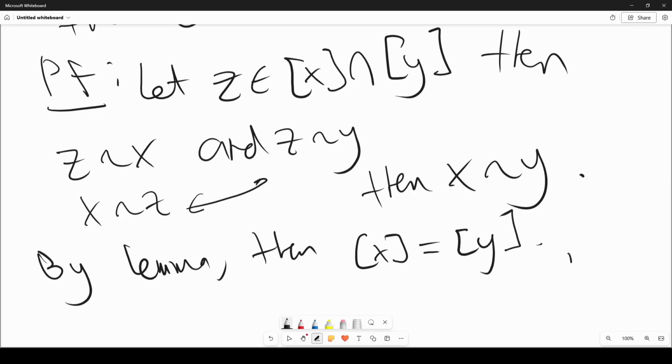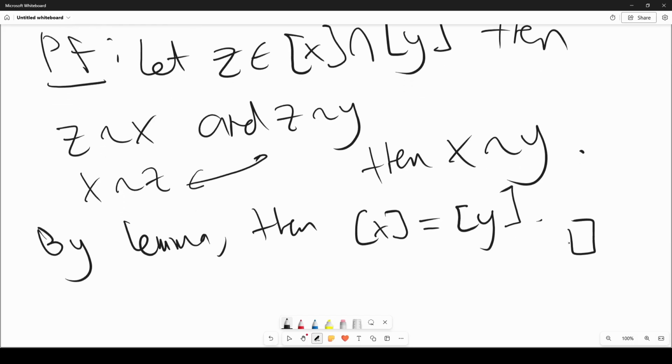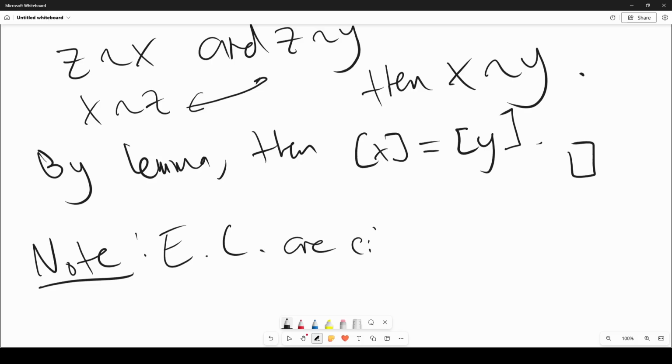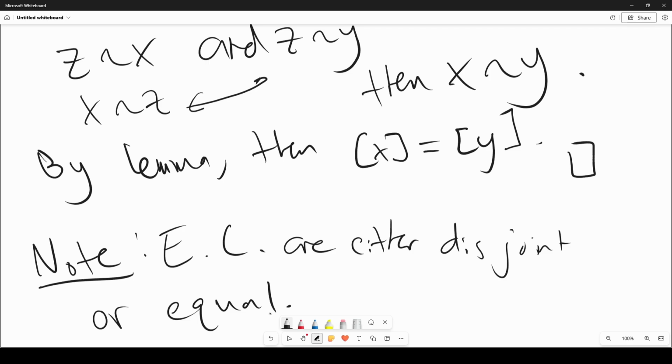Okay, proof over. So basically, this is saying equivalence classes are either disjoint, so they've got nothing in common, or they're completely equal to each other. So for the natural numbers, you either have the equivalence classes of 0 and 1, which are completely disjoint, or you have 0 and 3, and they have to be completely equal to each other.